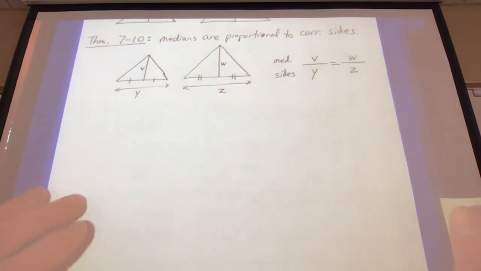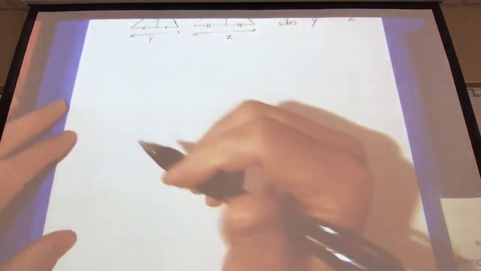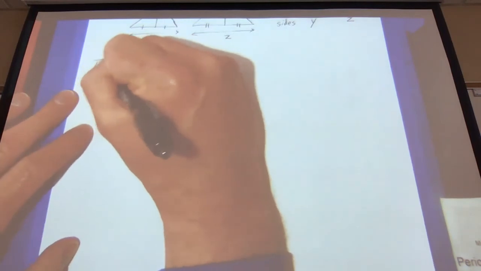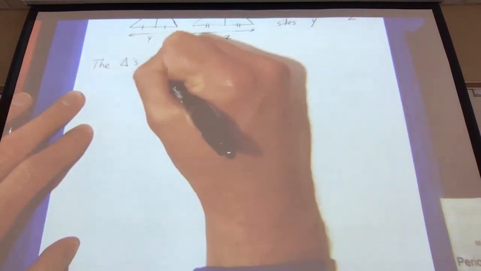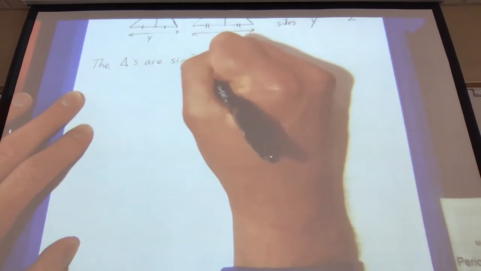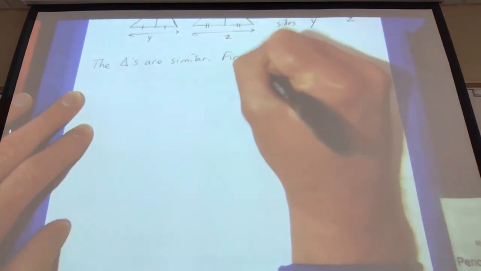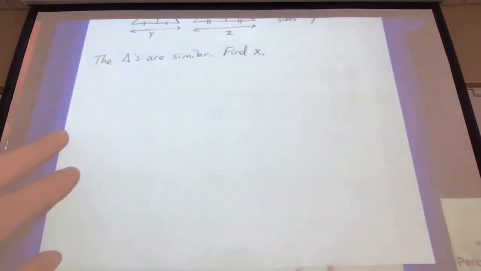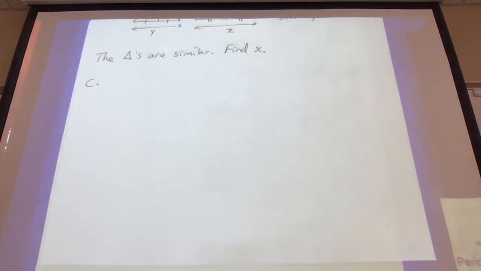All right, let's show you a couple of examples of this. I think you're going to find these pretty easy to do. Directions on this are going to tell us the triangles are similar, and then they're going to have us find X. We'll start with a couple of these and then we'll add on to it if we need to.